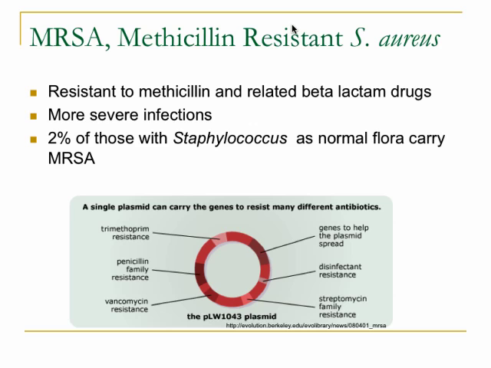But the difference between a strain of Staphylococcus aureus and a strain that's MRSA, methicillin-resistant Staphylococcus aureus, is the presence of this R plasmid. R plasmids are a type of plasmid that carry resistance to drugs or even disinfectants.